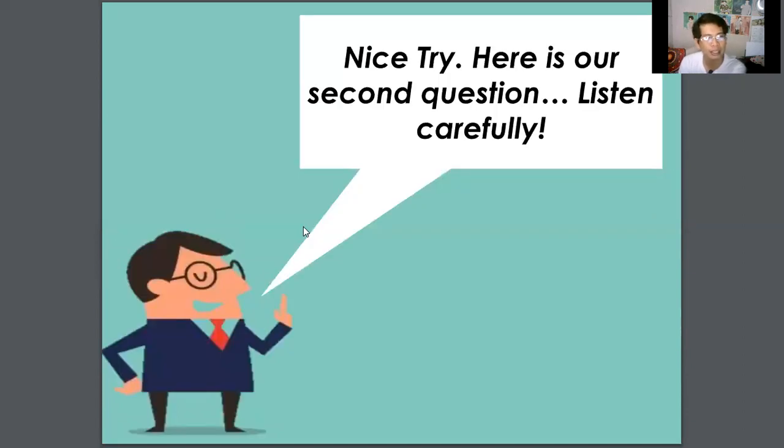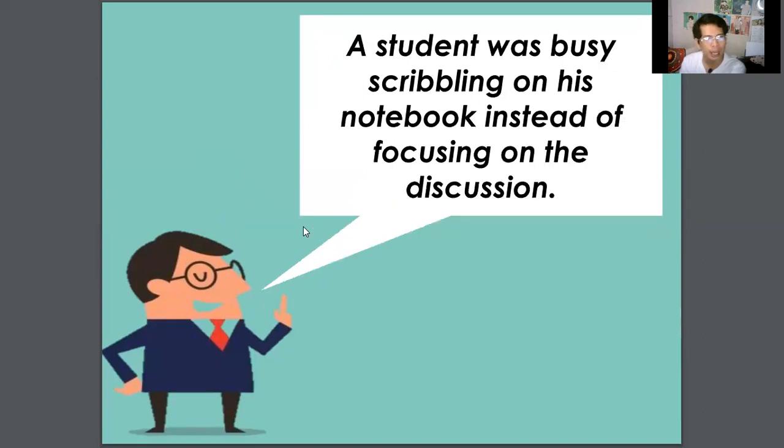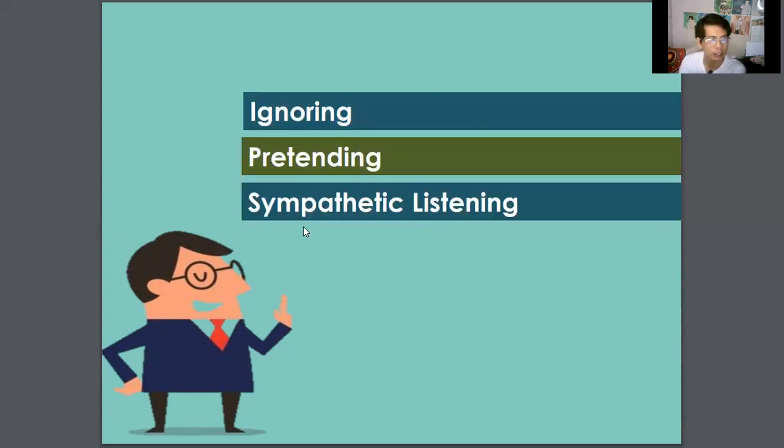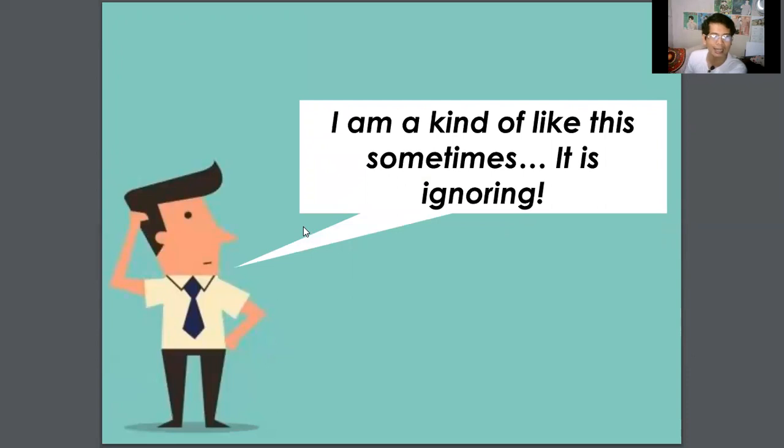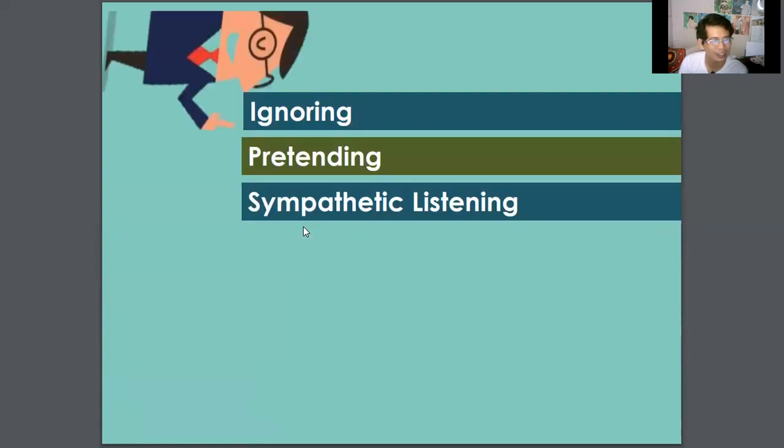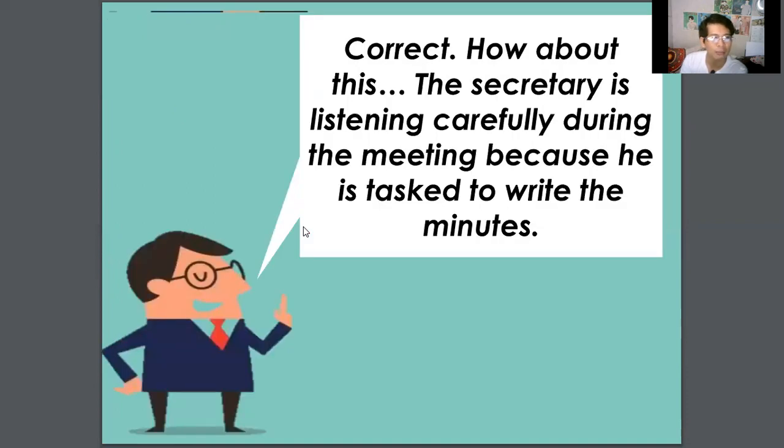Next, here is our next question. A student was busy scribbling on his notebook instead of focusing on the discussion. What do you think is kind of listening? Is it ignoring, pretending, or sympathetic listening? Ang sagot niya, I'm kind of like this. Sometimes it is ignoring. Okay, so it is correct. It is ignoring. Next. How about this?